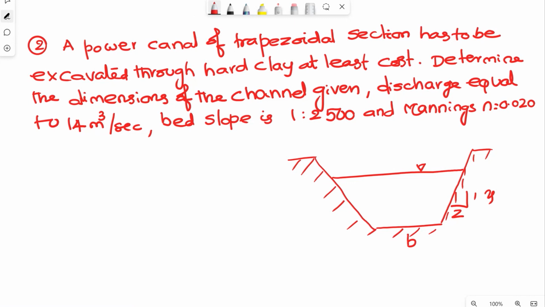So the question, if I take it, what is the given data? Discharge is equal to 14 meter cube per second. A power canal of trapezoidal section has to be excavated through hard clay at least cost. This word is very important, otherwise it need not be an economical section. So the moment I say least cost, automatically it has to be an economical section.